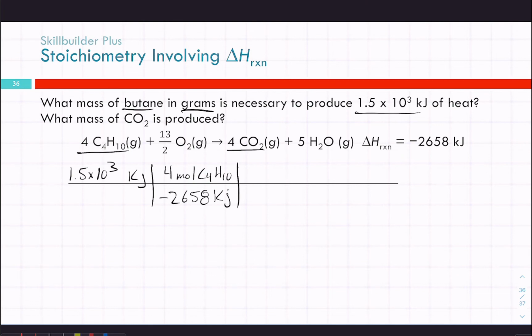And we're asked for the mass of butane in grams. So we'll need the molar mass of butane. C4H10. I'm going to write this out. I might as well write out the whole thing.